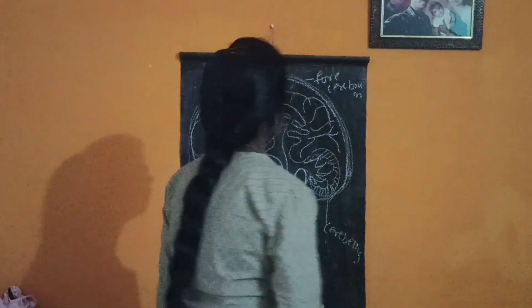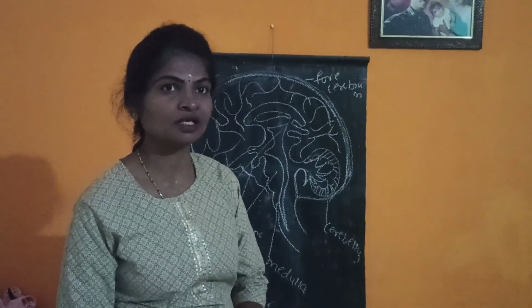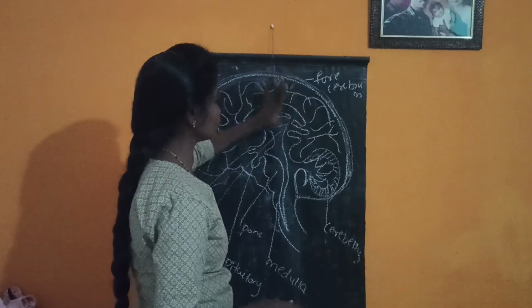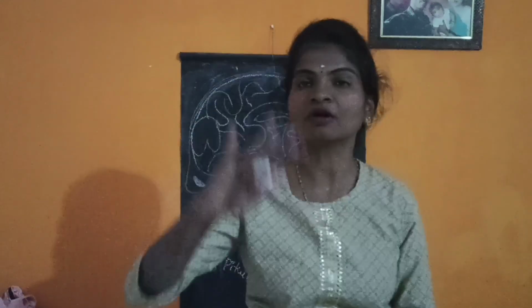Another one is the midbrain. How does the midbrain work? The midbrain forms the connection between the forebrain and the hindbrain, and it also helps in controlling our body temperature. Generally, body temperature does not fluctuate according to the season, whether summer, winter, or rainy season.